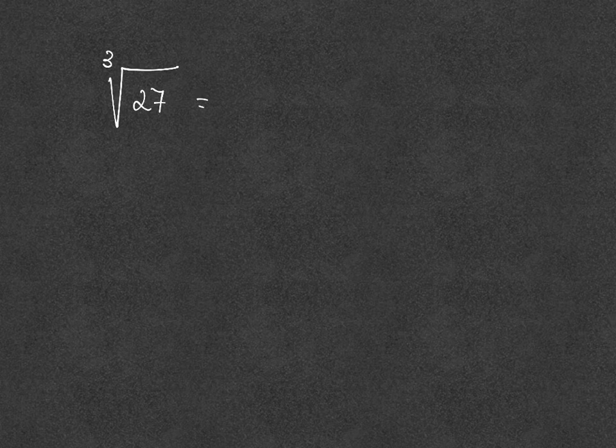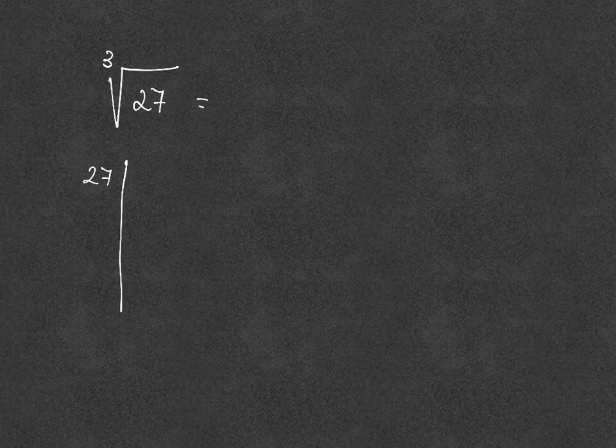Another example, we have the third root of 27. What we have to do is factorize 27. It is not possible to divide it by 2 because it's not an even number, it's an odd number. And by 3, yes, we can divide it. It's 9. By 3 again, 3. By 3, 1.